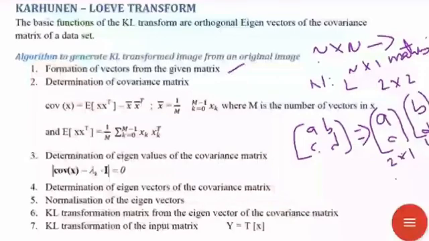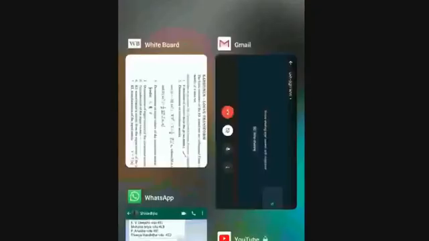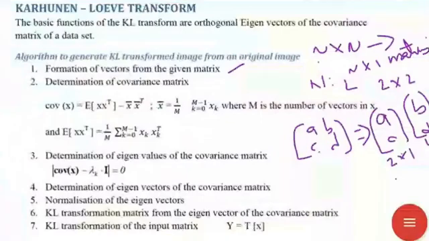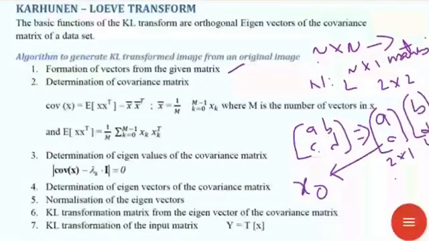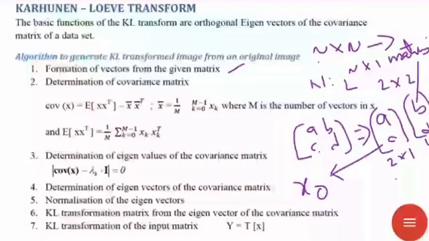One we let be x0 and another we let be x1. In this way, the given matrix is split into different matrices or vectors.